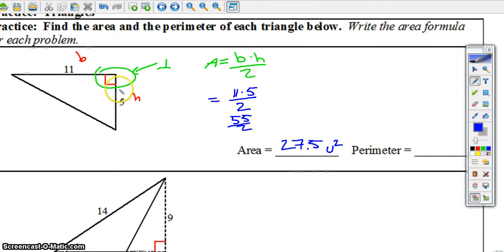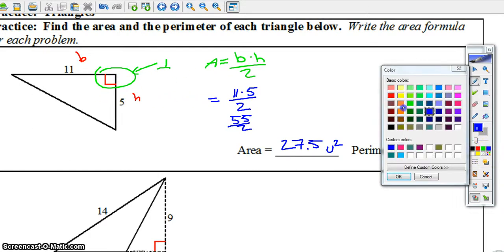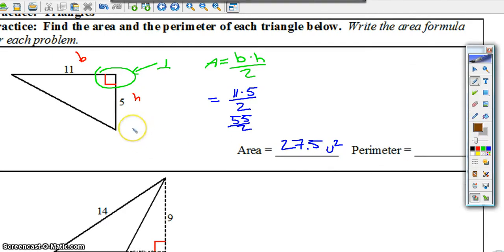Alright, next part we have to do is find the perimeter. And perimeter is the distance around an object. So in this case, sorry about the noise, doing some kind of construction there. So in order to find our perimeter, we have to figure out this length.